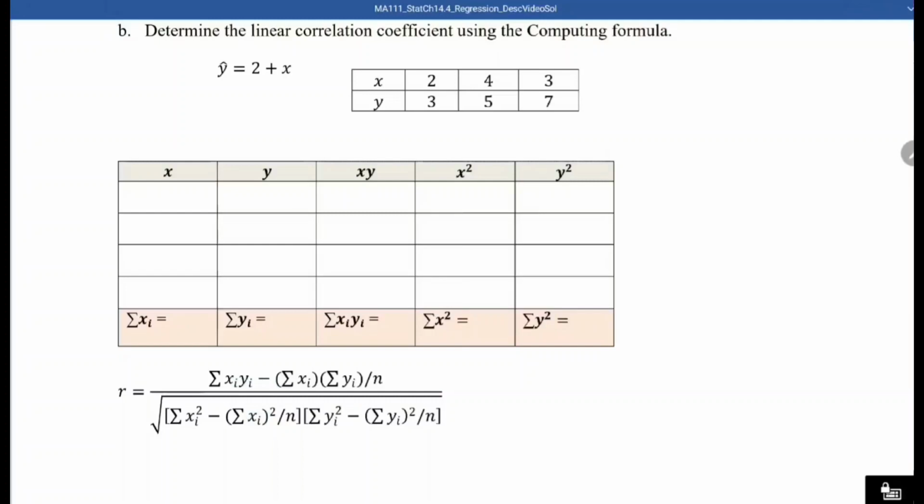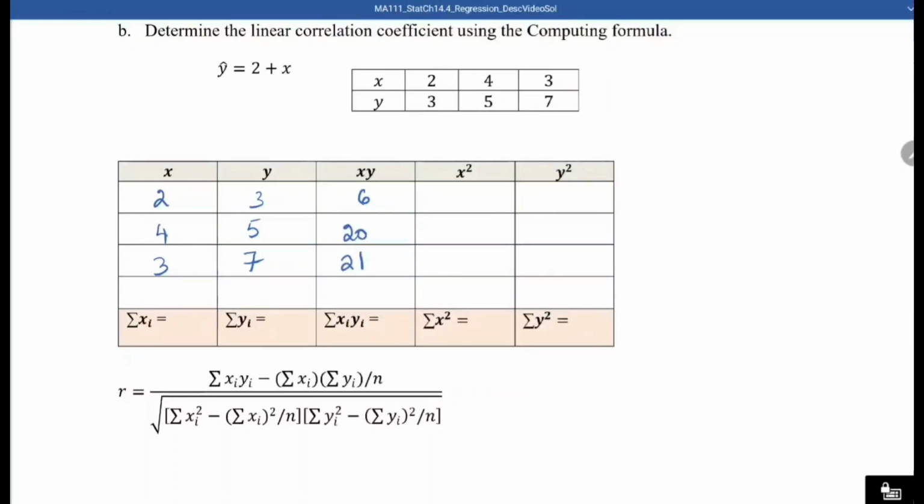So let's start with it. Again, for the first one, just write your values 2, 3, 4, 5, and 3, 7. These are the values of x and y. For x times y, just multiply the two values. 2 times 3 is 6, 4 times 5 is 20, and 3 times 7, 21.